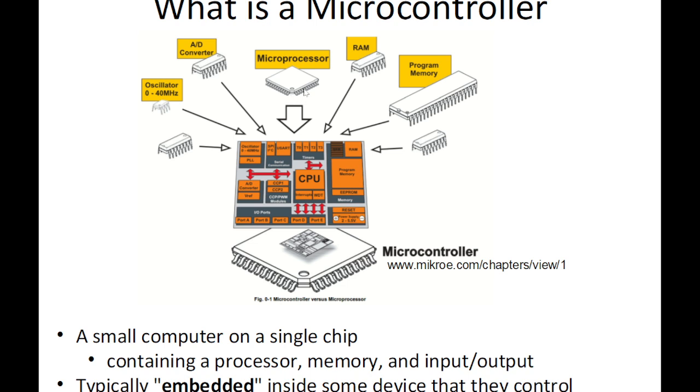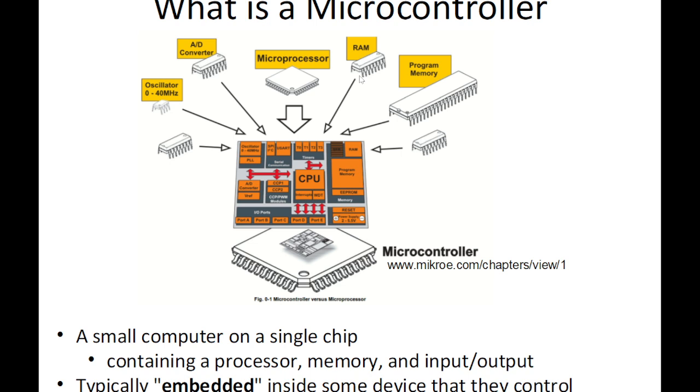The most important one is the microprocessor, that is the CPU, or central processing unit, the brain of the microcontroller, for which we write the program, and the CPU executes those instructions.